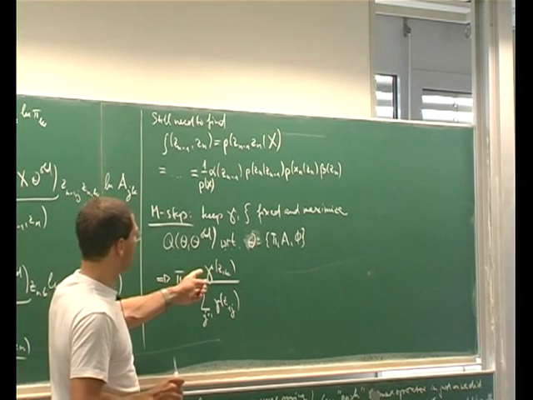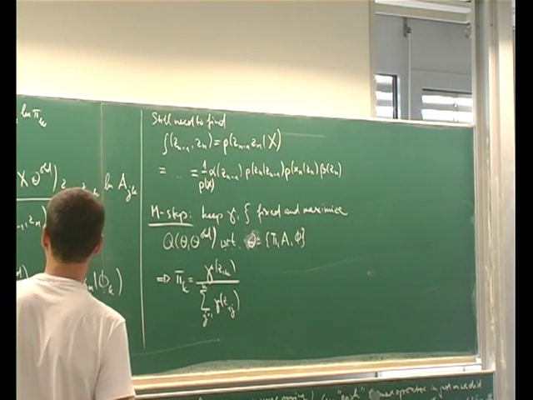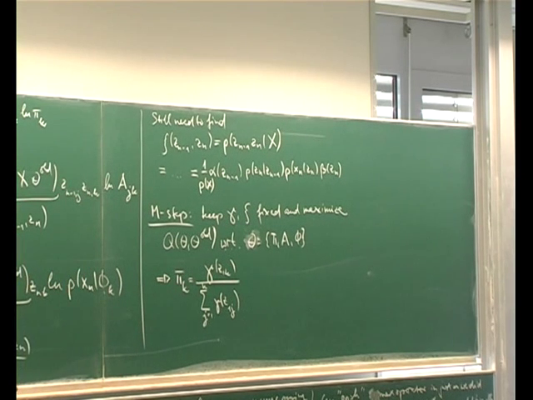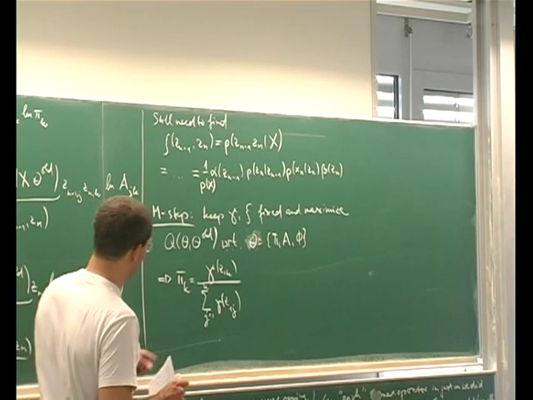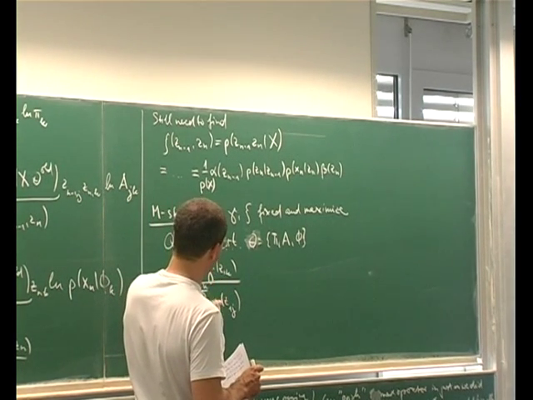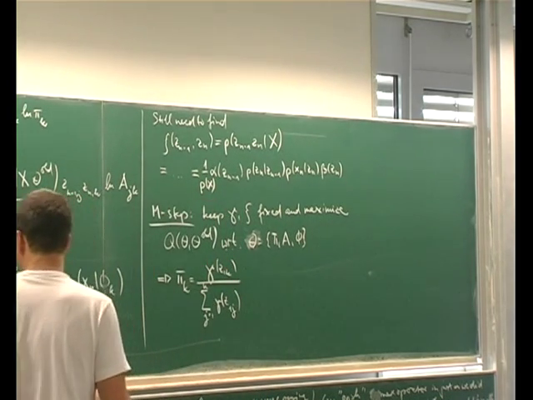So here we have estimated the probability of all observations and being in a particular state. And where was gamma defined?